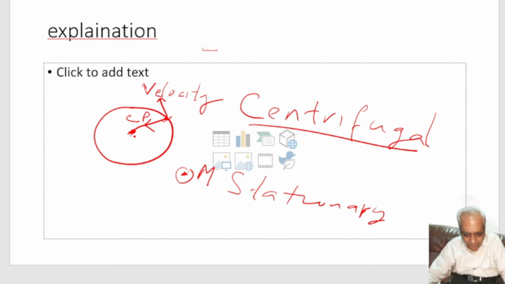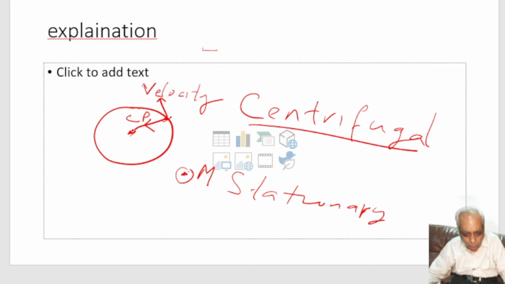Now imagine a person is at the center and he is also moving along with the stone, with the same speed, in this circle. To this person, the stone will appear to be stationary, because when the stone travels to this point, this person also travels to this point.